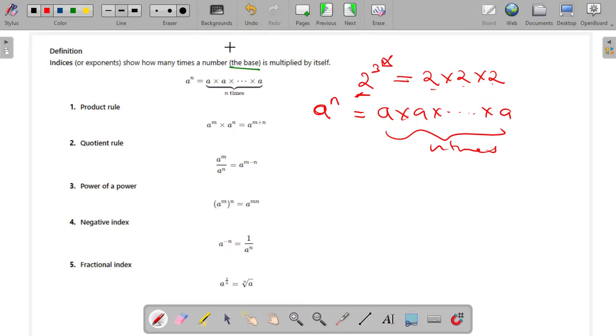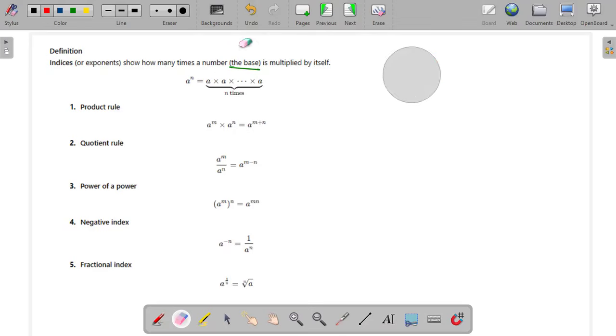But then there are these laws, or rules, that we apply to indices that make our work very easy, that we're able to solve. Okay, so the first one is the product rule.